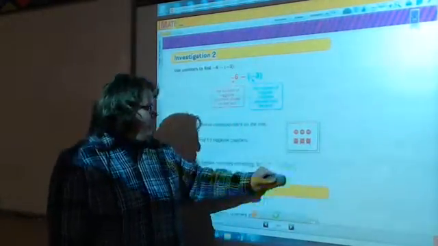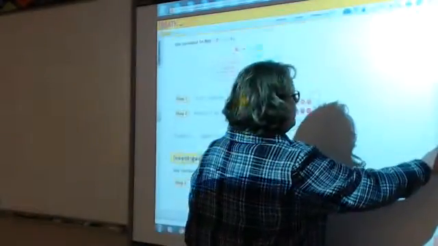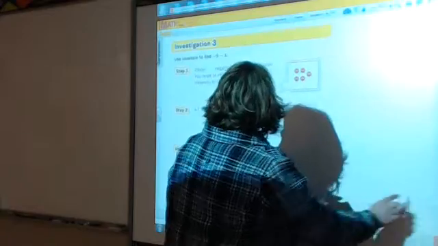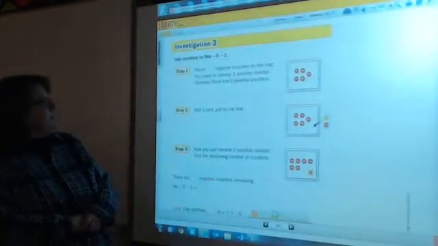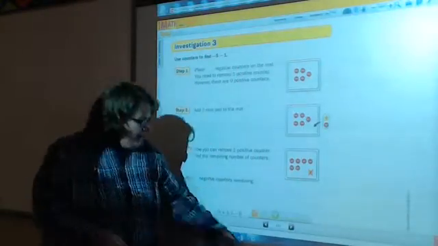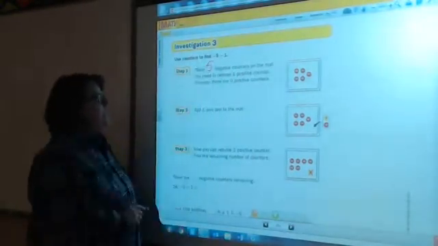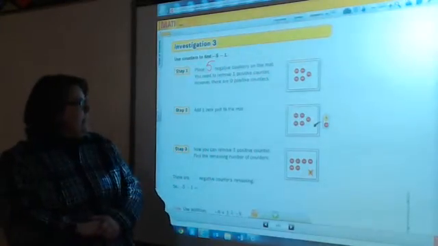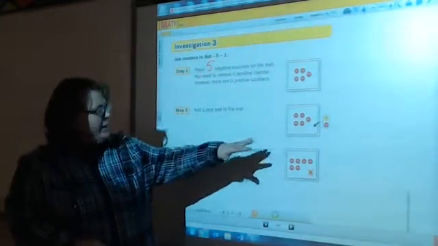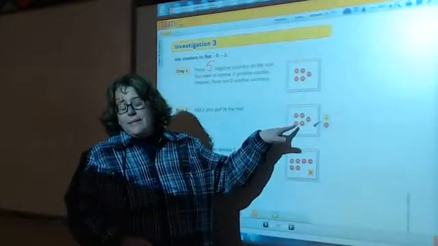Okay, so now we're going to move on to investigation number 3. Investigation number 3 is using the counters to find a negative 5 minus 1. Because negative 5 is first, you're going to place your 5 negative counters on your mat. And now you have to add 1 0 pair because you need to take away that positive 1, and we don't have a positive 1.